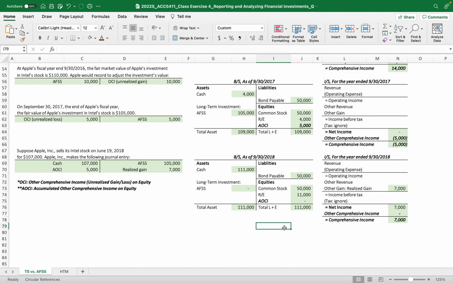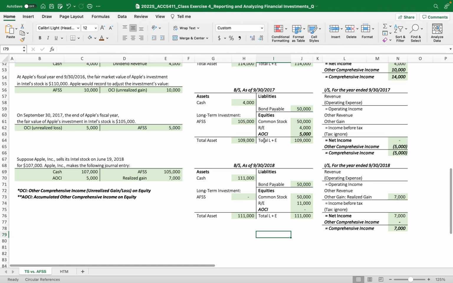So this is a really important clue when it comes to investment. If the company has an accumulated other comprehensive income account on their balance sheet, that means there is a chance sooner or later they can put this $5,000 into retained earnings, right?